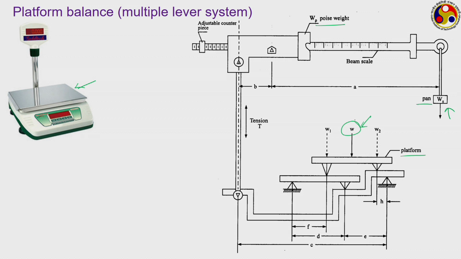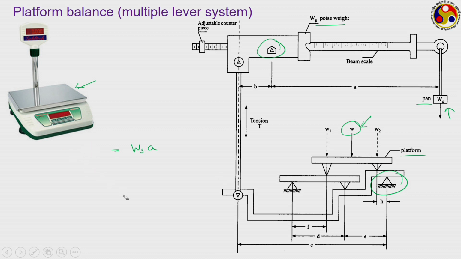Now, for the situation shown here, if we first take a balance with respect to this particular thing, then what are we getting? Wp into B is equal to Ws into A, by looking at this. And similarly, if we take another balance corresponding to this particular one, actually I have written it wrongly.